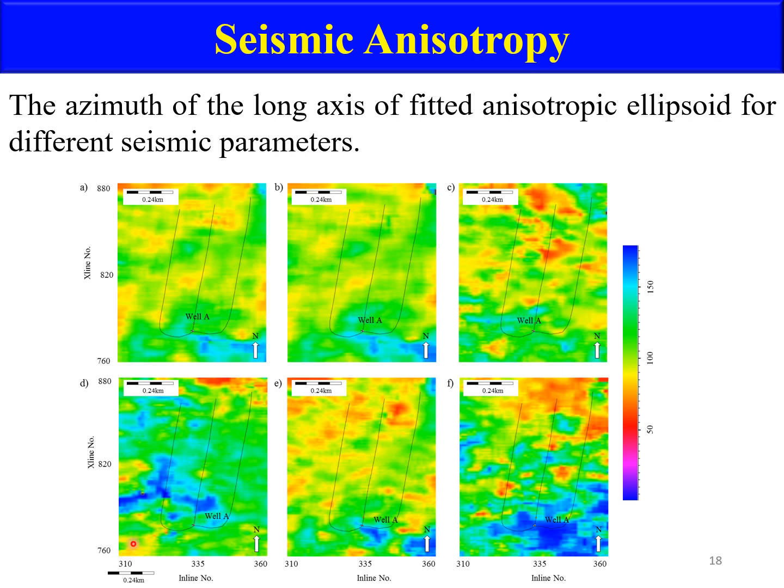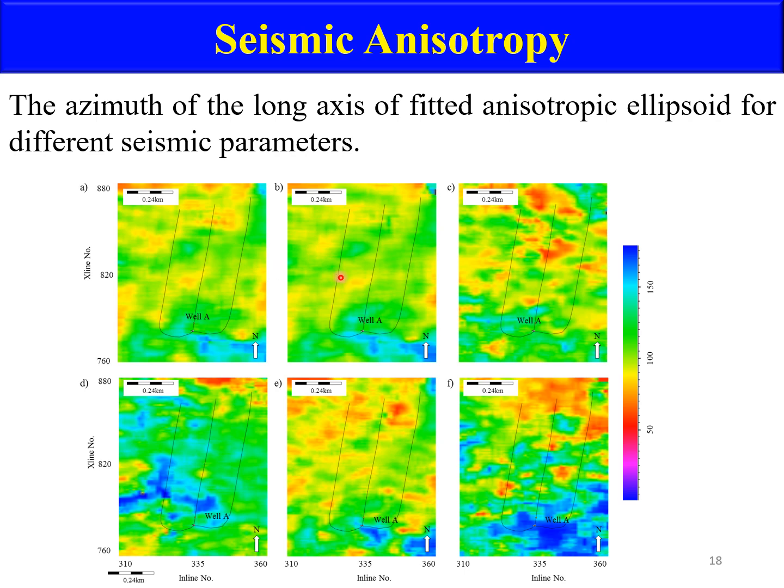We apply the ellipsoid fitting to the whole seismic data gather and obtain the azimuth of the long axis of the fitted anisotropy ellipsoid. Figure A is the predicted azimuth from RMS seismic amplitude.